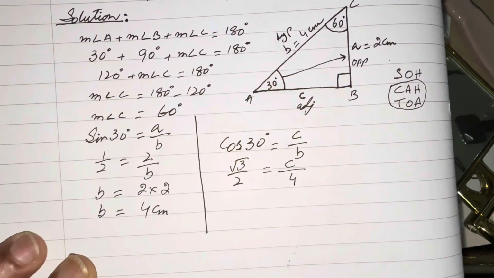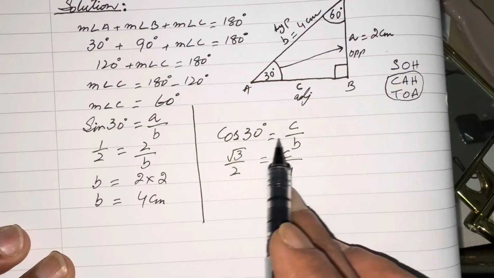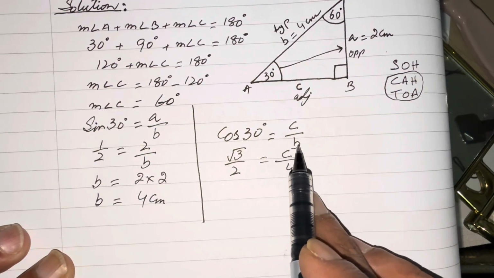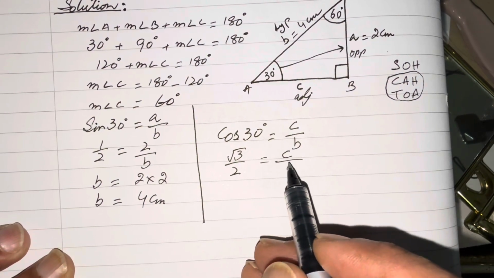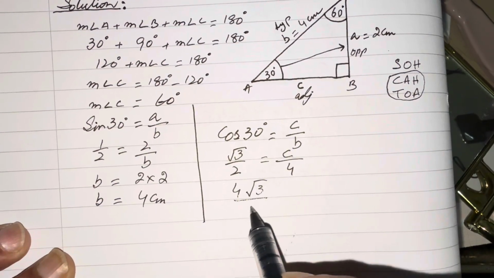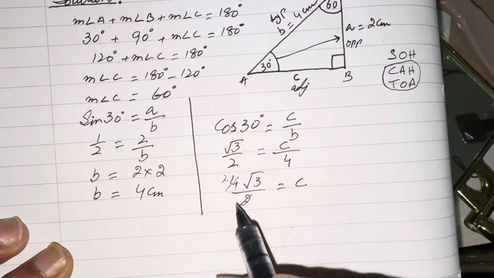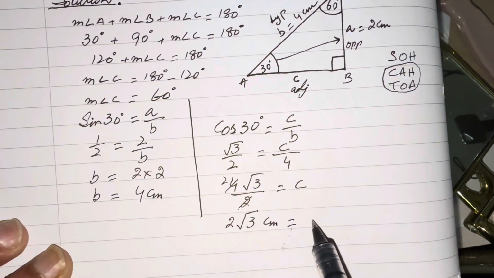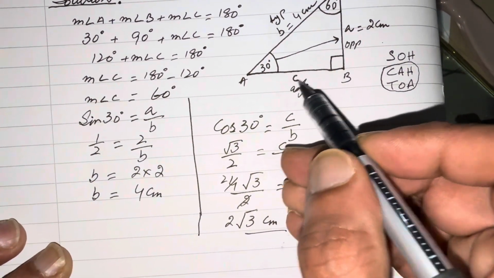These are the values we have after putting them in place of cos 30 and B. So take the 4 to the other side, because we have to find the value of C. That can be written as 4 into root 3 divided by 2 is equal to C. So this 2 will cancel, giving 2 root 3 centimeters is equal to C. That's the length of C, meaning the adjacent side.